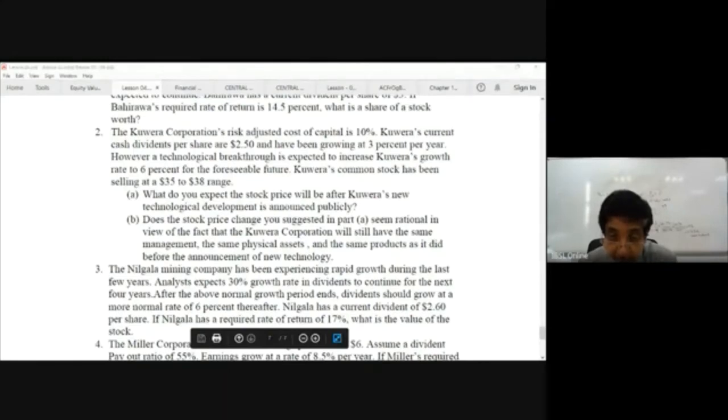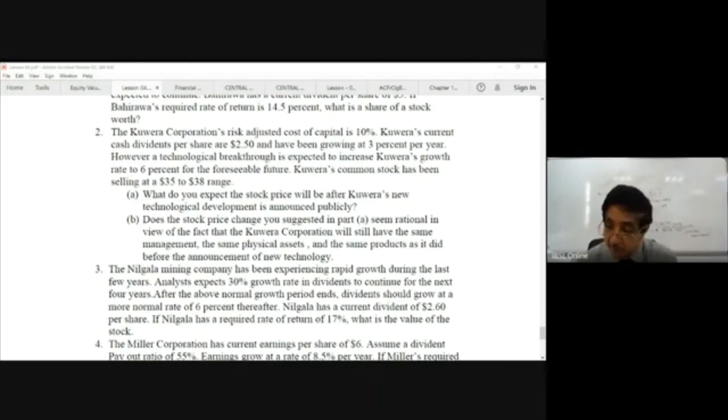And as Pradipika correctly mentioned, the price will become 66.25 when the growth is 6%, and when there was the normal growth, the price was only 36.78.